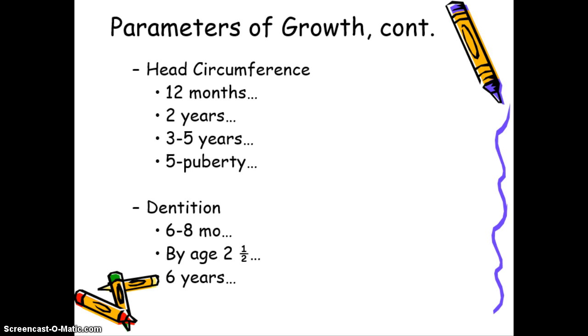And then dentition, we see teeth erupting between 6 and 8 months. By age 2.5, they have 20 teeth, and then by around the age of 6, we see permanent teeth beginning to erupt. So we start seeing those baby teeth being lost, and then our permanent teeth erupting.